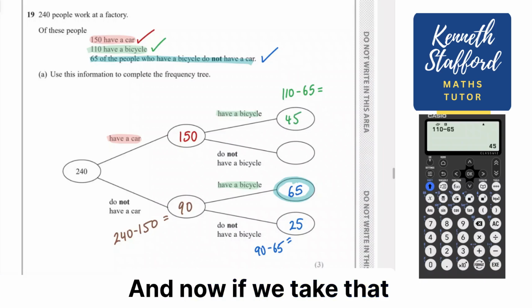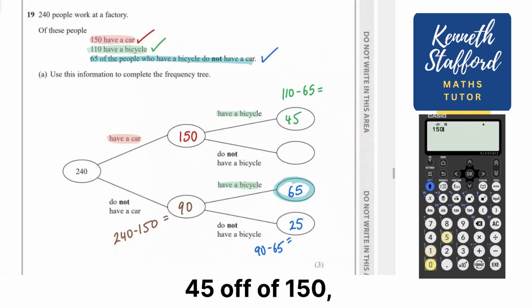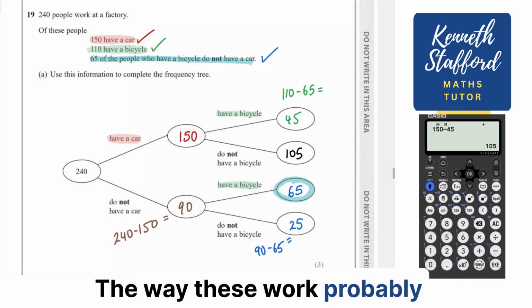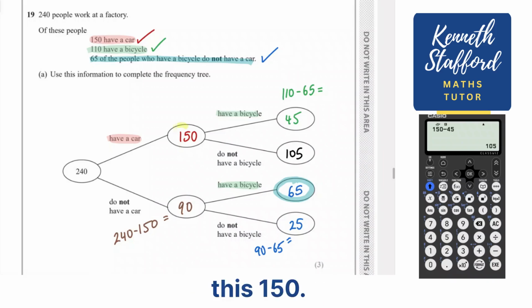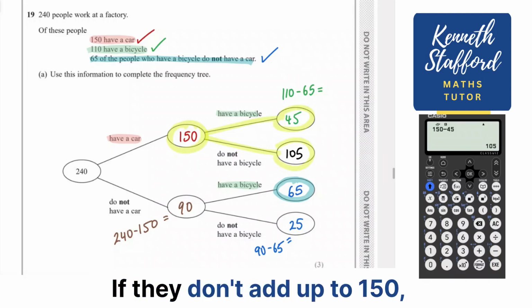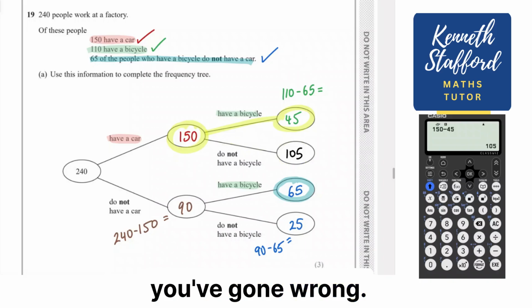And now if we take that 45 off of 150, we get the final part. The way these work, I probably should have said that at the start. This 150, these two split to make 150. If they don't add up to 150, you've gone wrong.